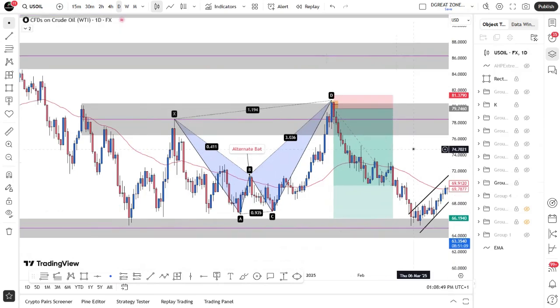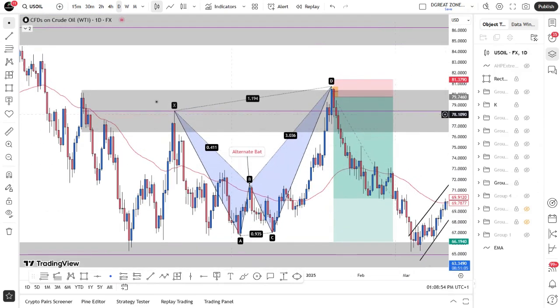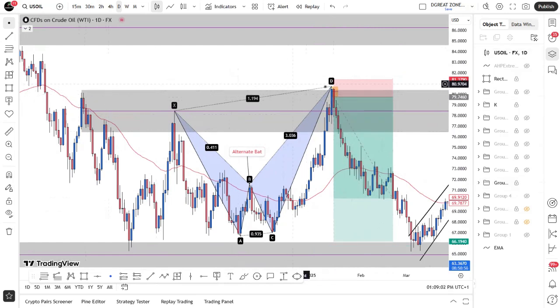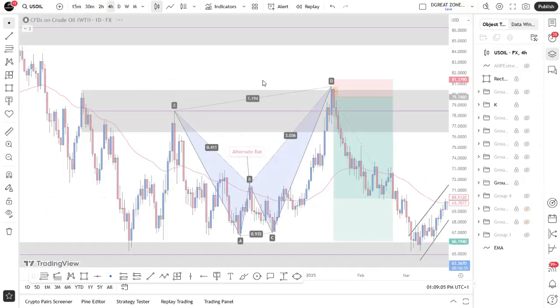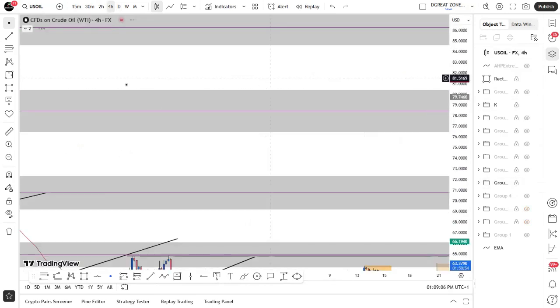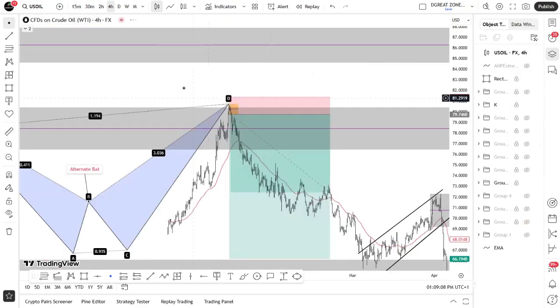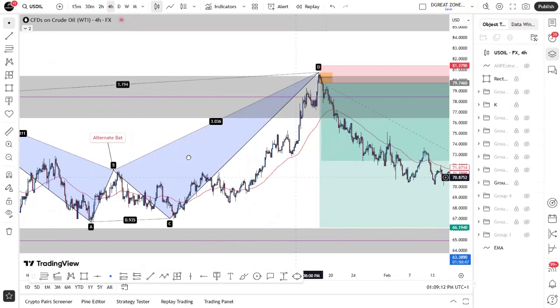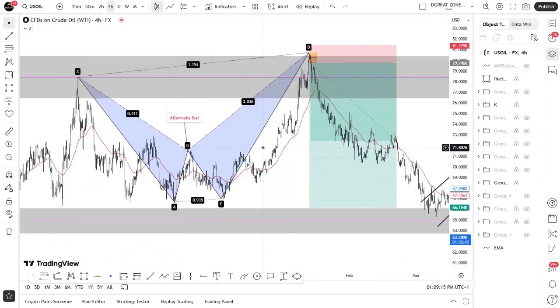But that is not what smart money is looking out for. Smart money pushes price to a key level based on the narrative and the fundamentals at that particular point in time. They push price to this key level, and then on the lower time frame, on the 4-hour, we saw exhaustion of buyers. That's a clear indication. When we saw that exhaustion of buyers, entry was made there, and it was a very successful trading opportunity. Did we make profit? Yes.